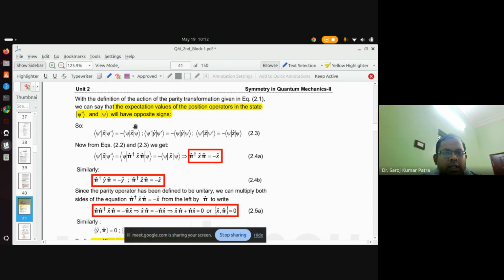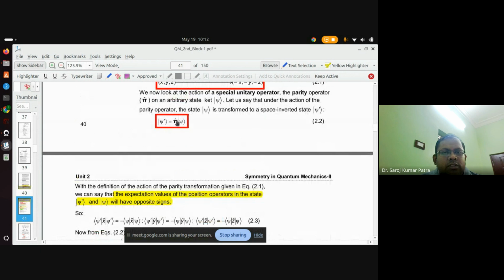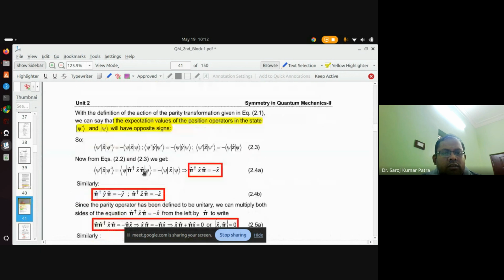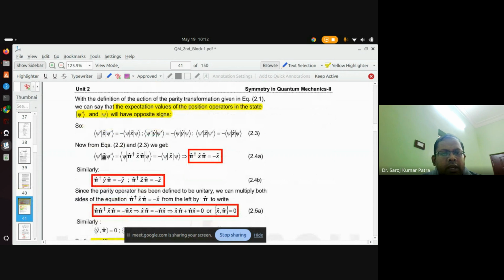psi prime यहां पे हमने लिखा है psi prime is equal to pi psi. तो यहां पे psi prime की जगह क्या लिखूंगा मैं? pi psi. और psi prime bra की जगह psi bra pi dag. So psi prime x psi prime will be equal to psi pi dag x pi psi.